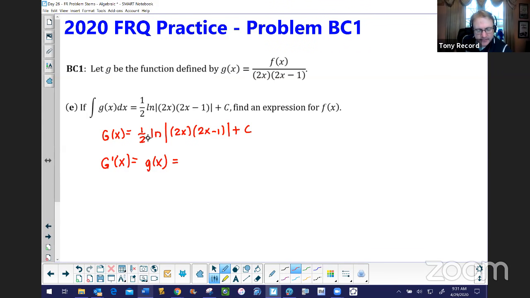This derivative of capital G, you could do a couple of different ways. I think maybe the easiest way is to think about these two logarithms being separated by a plus sign and taking the two individual derivatives of those logarithms, so that the 1/2 comes out in front. The derivative of natural log of 2x is 2 over 2x, which reduces to 1 over x.